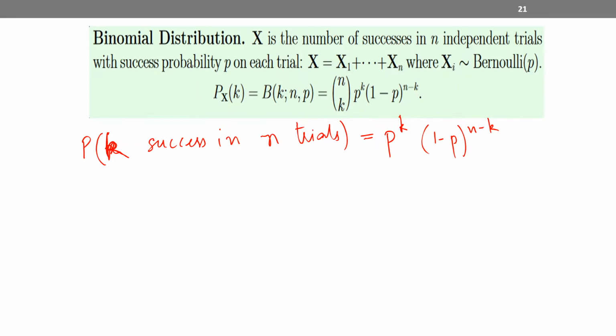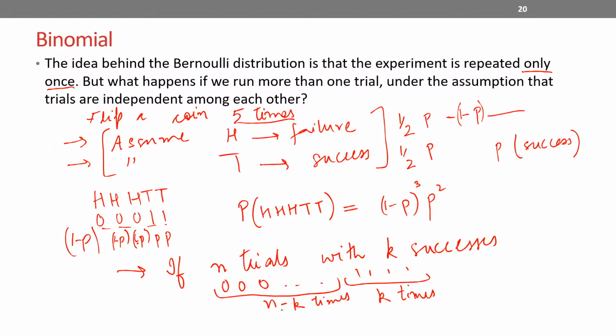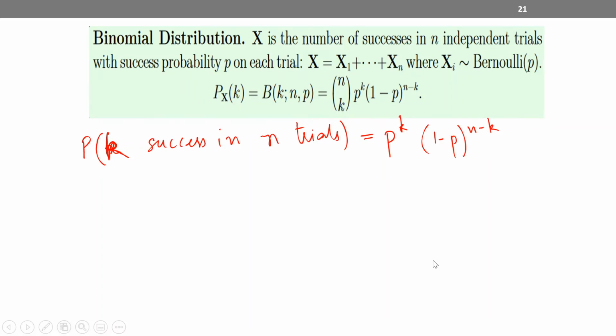Now, we assume that we are interested in k successes given n trials, and this formula above gives us one such sequence, right? This is just one possible sequence where I get all these n minus k failures and then k successes. But from our knowledge of counting, I know that a binomial coefficient can give me the number of all such strings that will have k successes and n minus k failures.